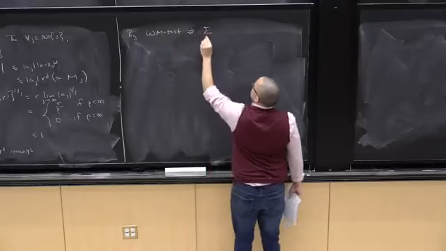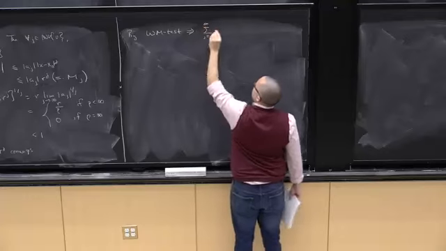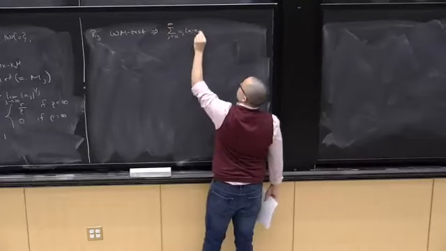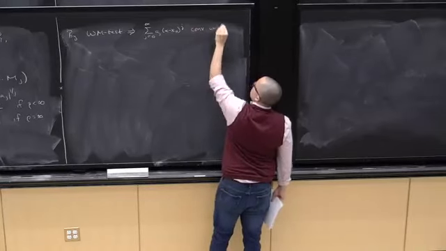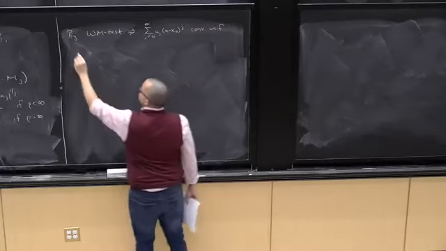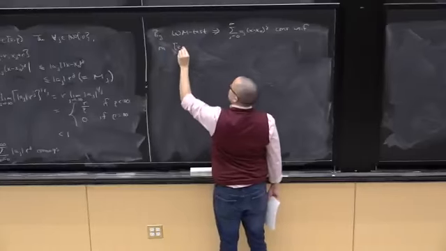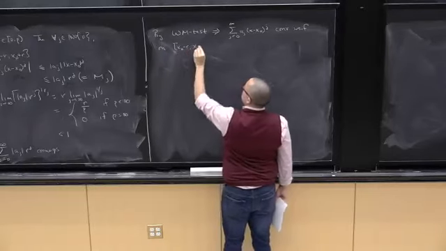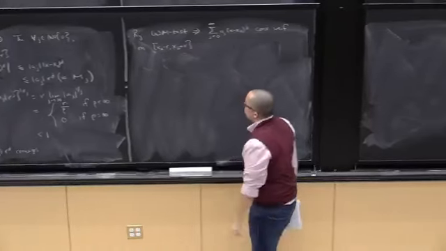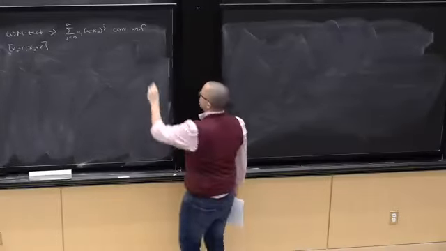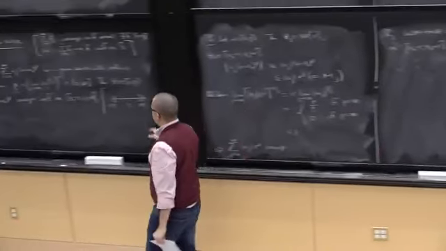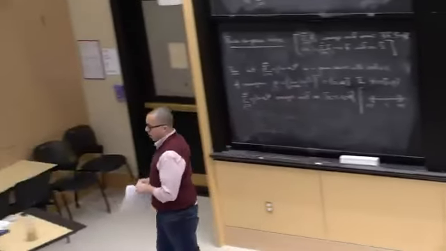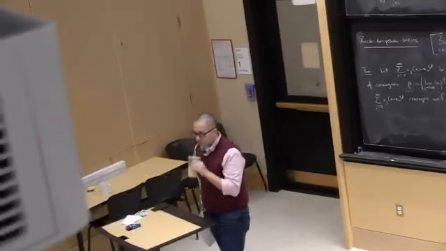this implies that the power series converges uniformly on this interval. Okay? All right, so as long as we stay strictly inside the radius of convergence, we have uniform convergence of the power series.